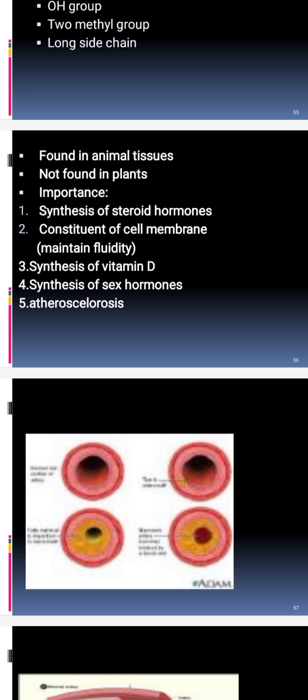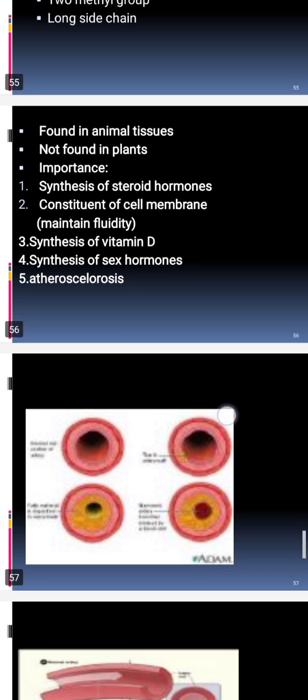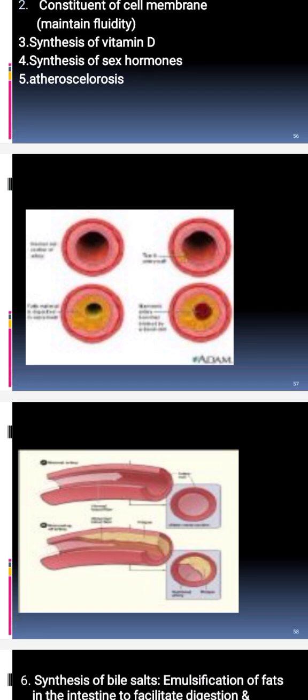Cholesterol, as you remember from cell biology, is one of the most important constituents of the cell membrane. It has a role in the disease called atherosclerosis. Of course, you do remember when we talked about atherosclerosis in the last lecture.